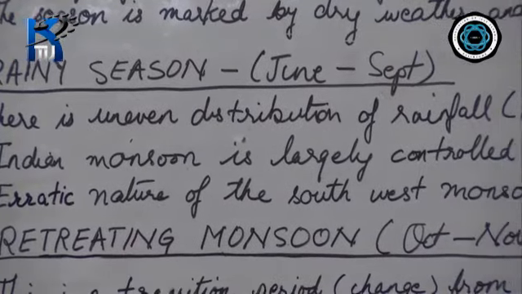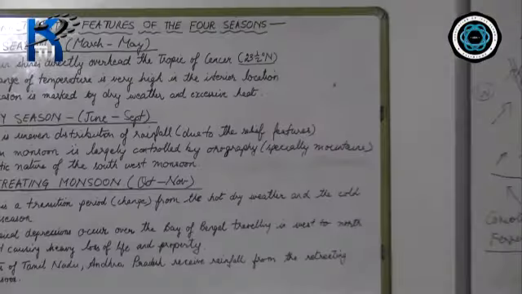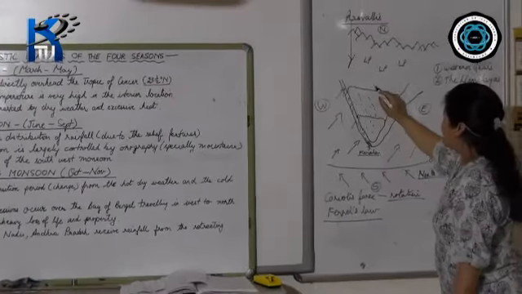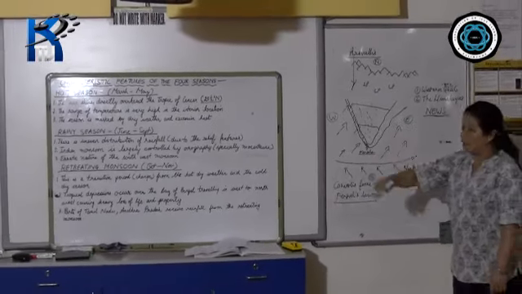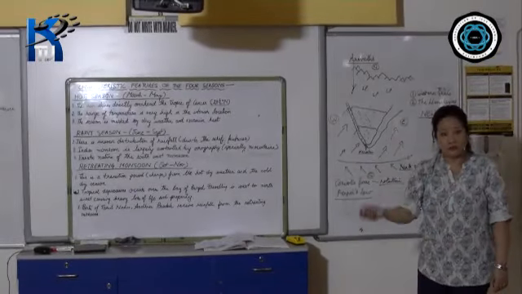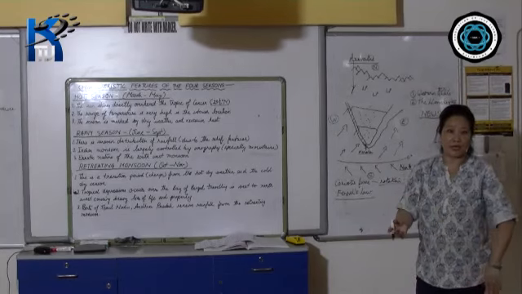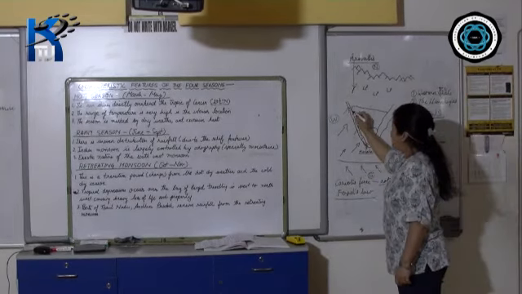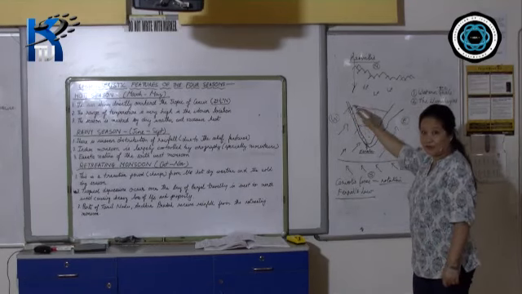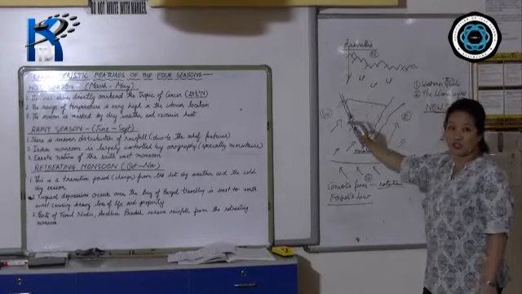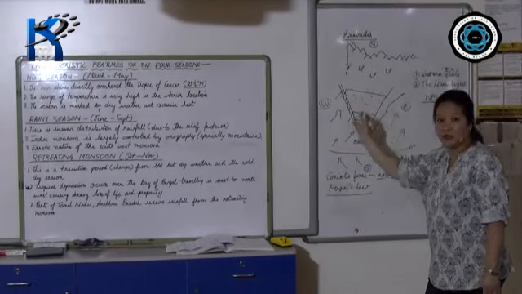Winds over here, and there are a few places in the Deccan region. There's a question every year in this chapter as to why Mahabaleshwar receives more rainfall, or why Mumbai receives more rain than Pune. Because Mumbai is on the windward side, the side that faces the force of the wind, and Pune, just a few kilometers away, happens to be on the leeward side.